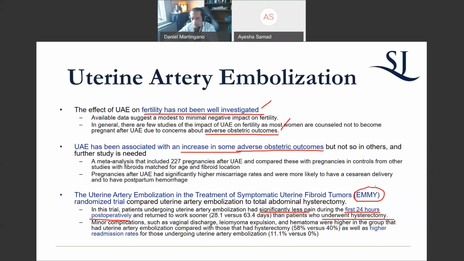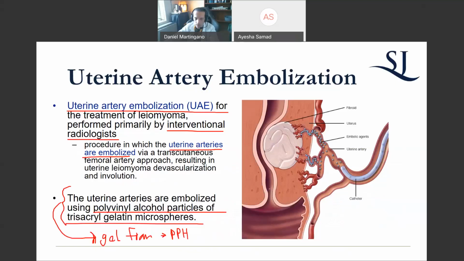Okay, so this was as compared to hysterectomy, but they had higher readmission rates than those for hysterectomies, and complications like myoma expulsion. What ends up happening is that once this thing dies, it can be passed by the uterus because it pushes it out.